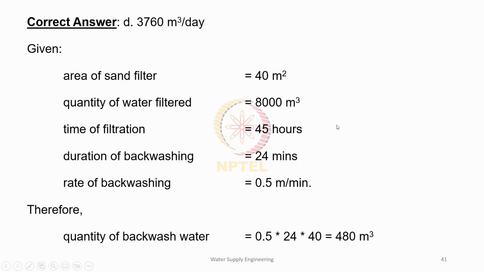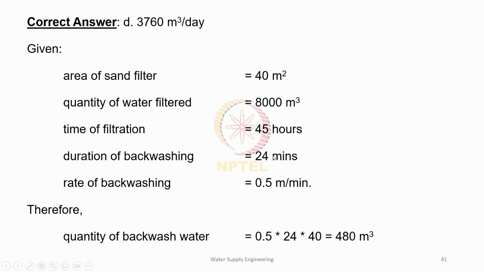Because in 45 hours it can produce 8,000 meter cube, and then in 24 minutes, approximately half an hour, we are doing the backwashing using this much water.